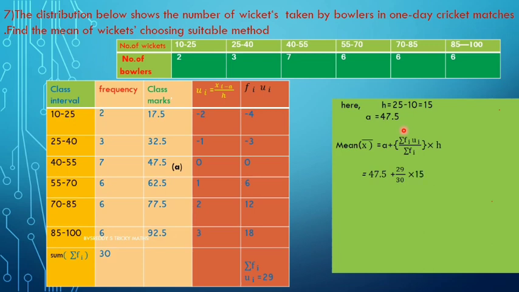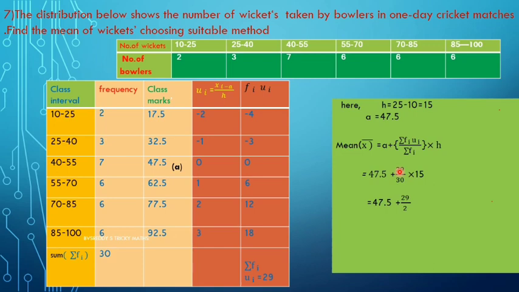Substitute these values in the formula x bar equals a plus sigma fi mu i by sigma fi into h. Here a is 47.5, sigma fi mu i is 29, sigma fi is 30, and h is 15. On cancellation, 15 ones are 15, 15 twos are 30. So 29 into 1 is 29, and the denominator is 2.